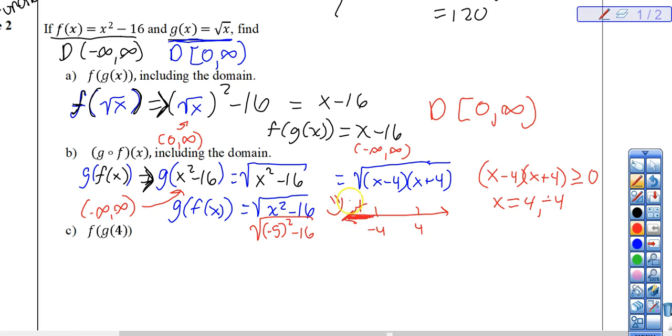Because all those numbers from -4 to infinity are producing positive results under my square root. Let's test a number between our zeros. Let's plug in a 0. If I plug in a 0, what kind of numbers underneath my square root? Negatives. I don't want that. Nope. That's no good. Can't have negatives under our square roots and have real numbers that we can graph and talk about.